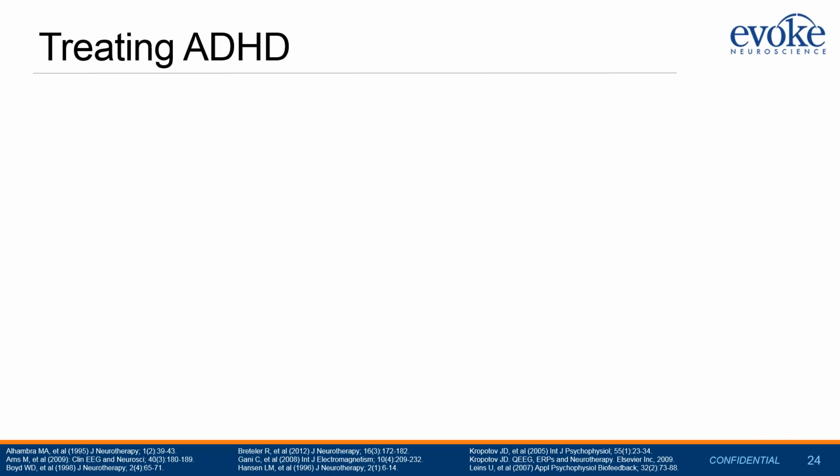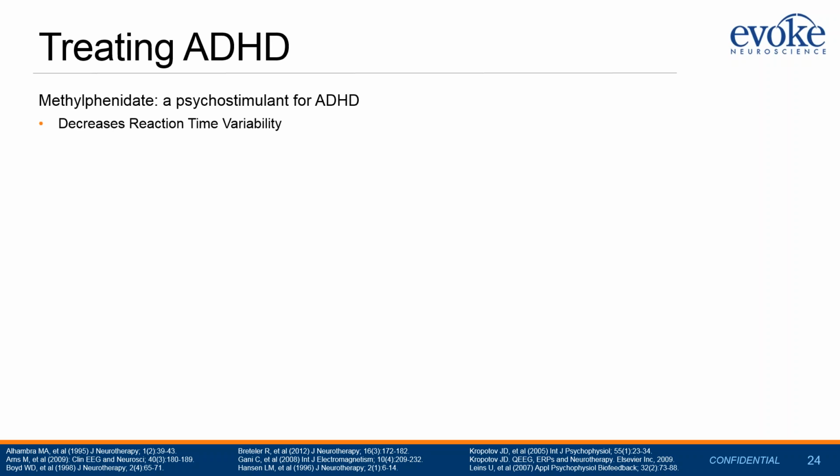So speaking of treating ADHD, as we mentioned at the beginning of the presentation, methylphenidate is a psychostimulant that's typically used to treat ADHD, and this can actually decrease reaction time variability. So when it's given to children with ADHD, their reaction time variability actually decreases, so they perform comparable to norms.